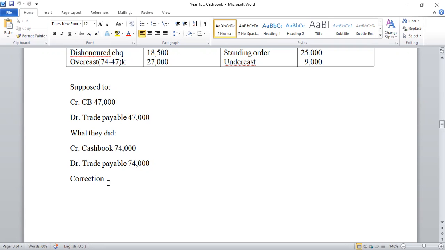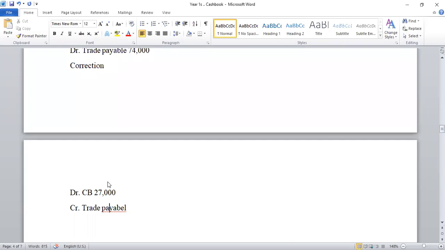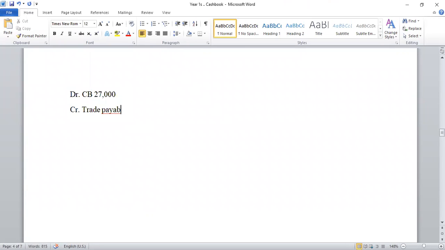So that's why I was saying the correction: you're going to debit the cash book with the difference, which is 27,000, and credit the trade payables, still 27,000.